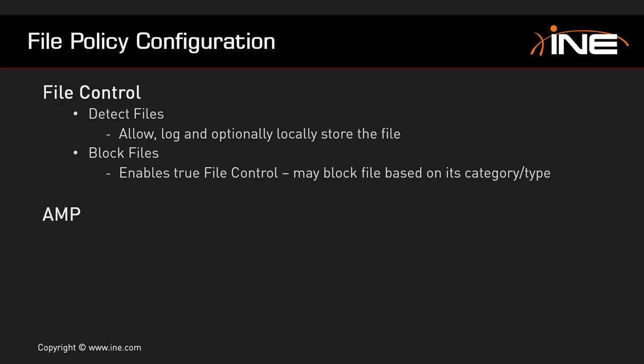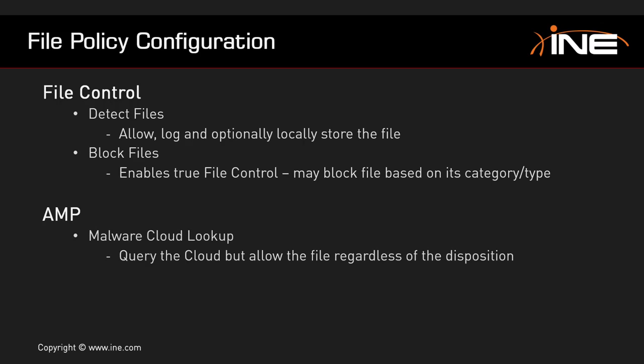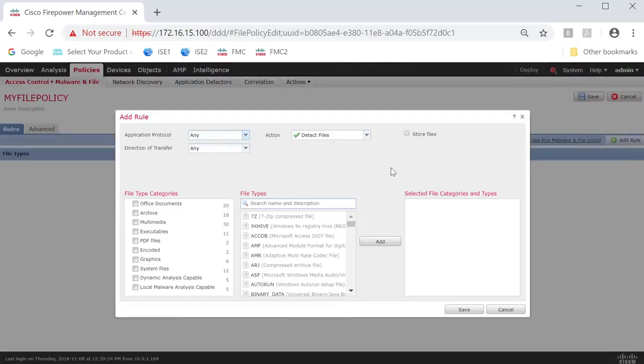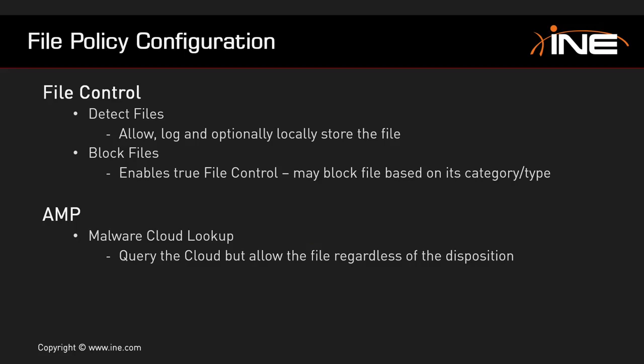Next, if you want to enable advanced malware protection, we also have two options. I can either go for malware cloud lookup, which is to send a hash to the cloud, but allow the file regardless of the disposition, regardless of the verdict. So even when the cloud says the file is bad, I'm gonna allow the file through.